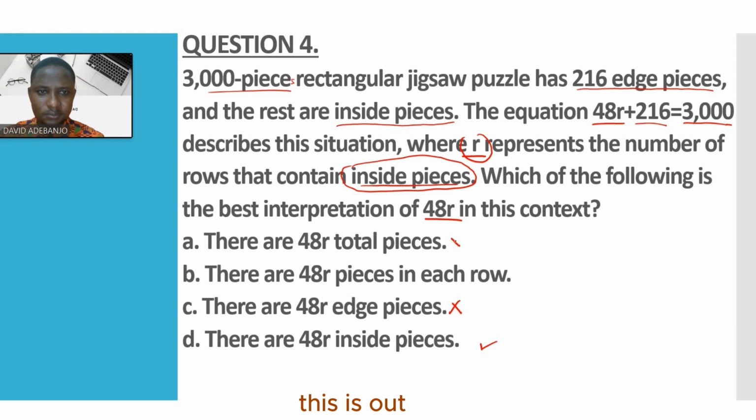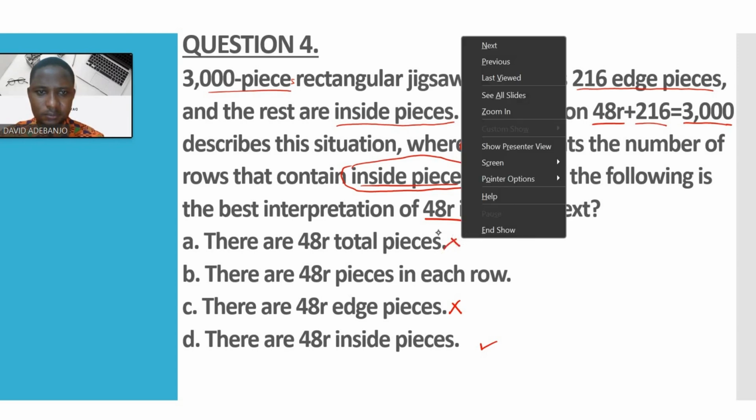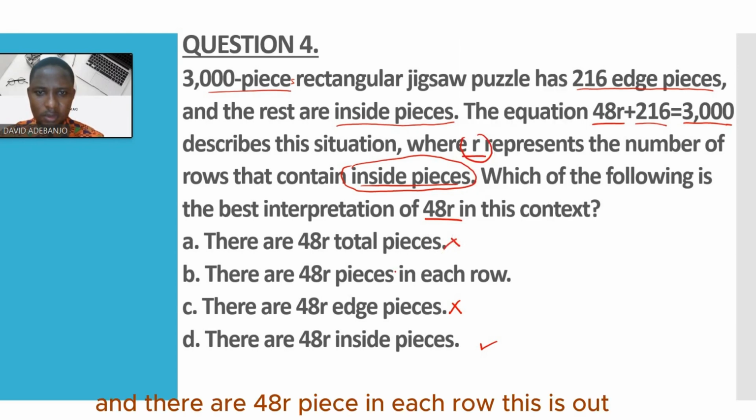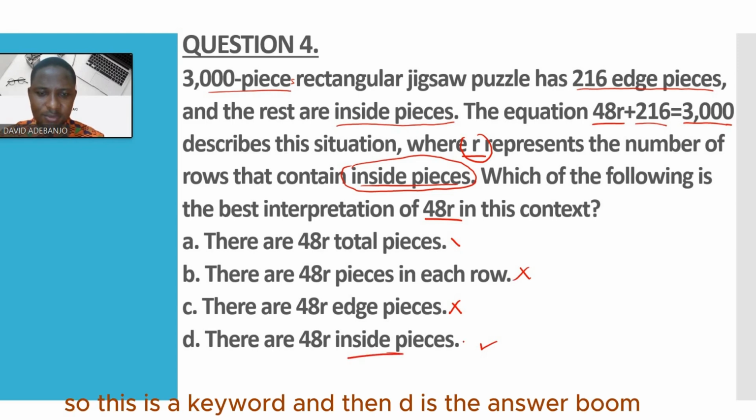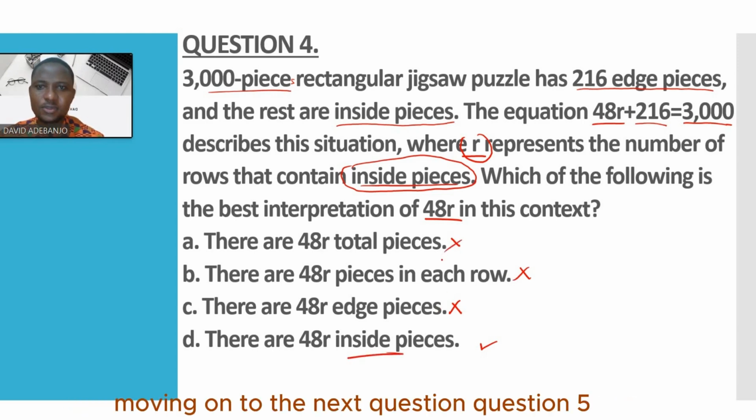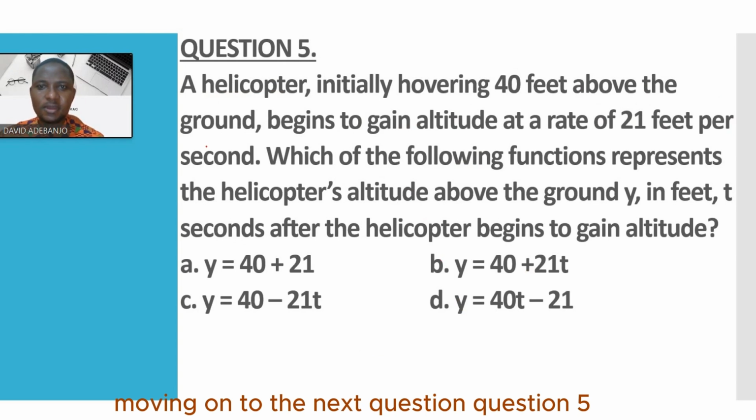This is R, and there are 48 pieces in a row. This is out because we're looking for inside, so this is the keyword, and then D is the answer. Boom. Moving on to the next question, question 5.